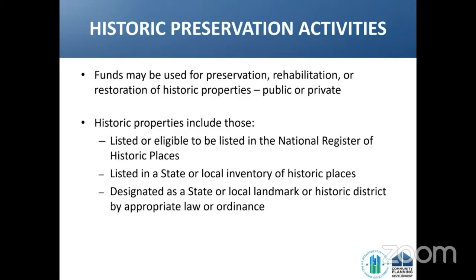Rehab, different things that may have deteriorated over the years and they need to be restored. However, anytime you're doing historic preservation, you have to make sure it's listed.